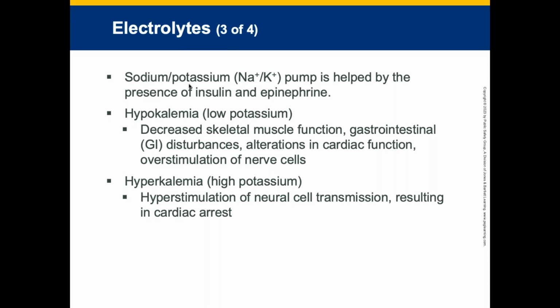Hyperkalemia or high potassium can result in a hyperstimulation of the neural cell transmission, resulting in cardiac arrest. What we're going to see on an EKG is tall, peaked T waves. If some of you don't know what T waves are, we'll get to that during cardiology, but I want you to have an understanding now that if you see those, it possibly could be a hyperkalemic patient, right? And this can result in cardiac arrest if not treated appropriately. These patients need to get to a hospital, an ER, so they can start treatment.